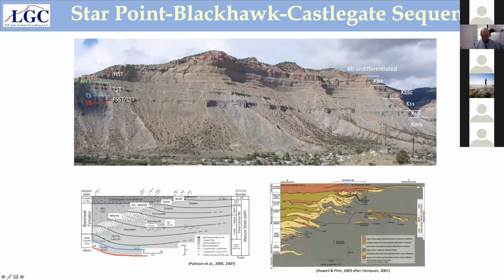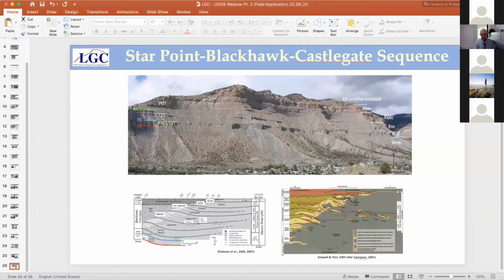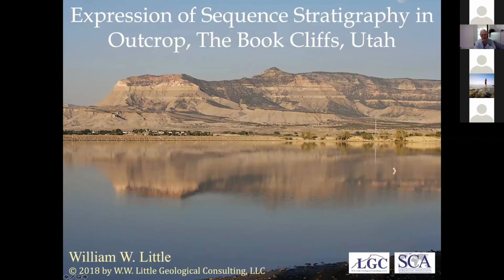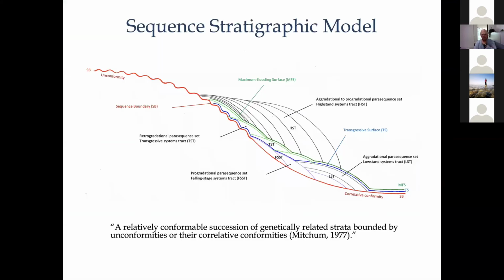And so, just in case I ended early, I've got another presentation here that I gave to SDA at one point. Now, for some of the undergrads, this diagram might be a bit confusing. I would imagine that the graduate students in sedimentology are going to understand what we're looking at right here.